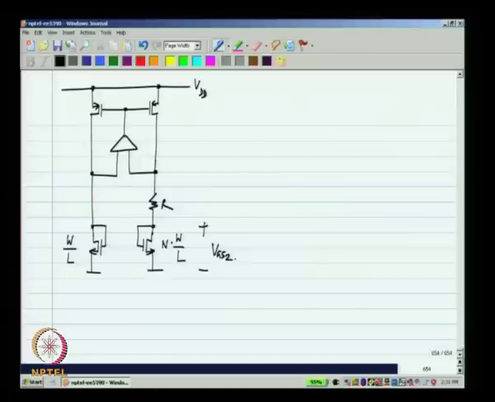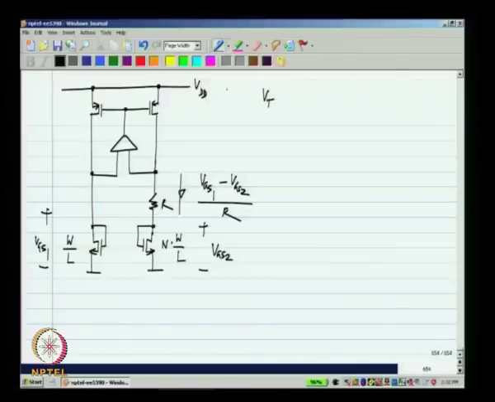This is VGS2, this is VGS1 and the current is VGS1 minus VGS2 divided by R. Okay. Now, what is VGS1?